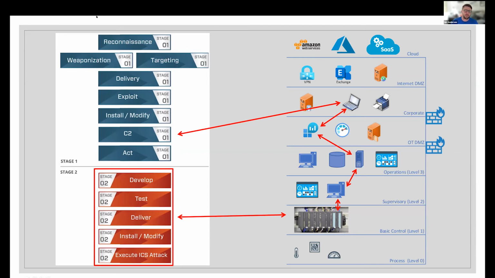There's really going to be 2 types of attacks here, right? There's an access level attack, where that kind of stops here at level 2, meaning the adversary is attempting to gain access to these points and moving through the Purdue model, working themselves closer towards the process or the control level.